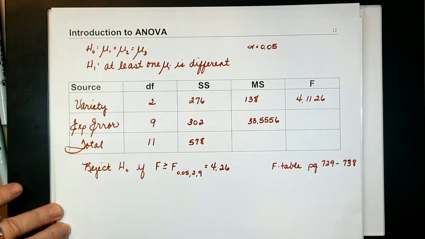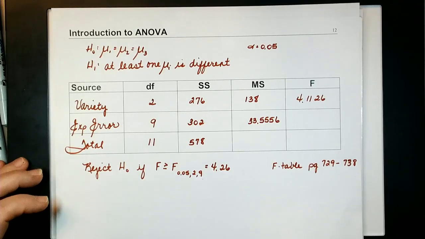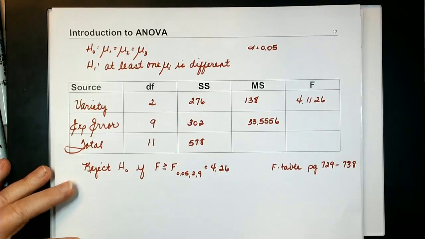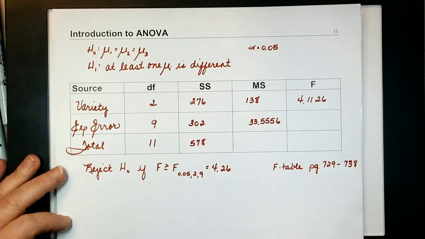So our 4.11, does it exceed 4.26? So what do we write for our conclusion? Can we conclude that these means are different? No. That's what we need to say then.